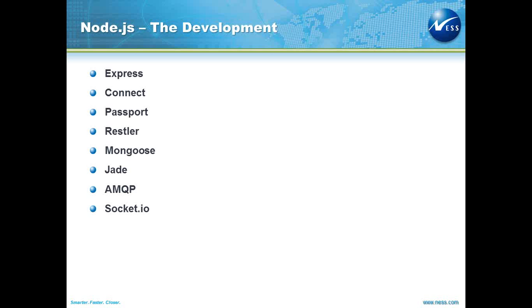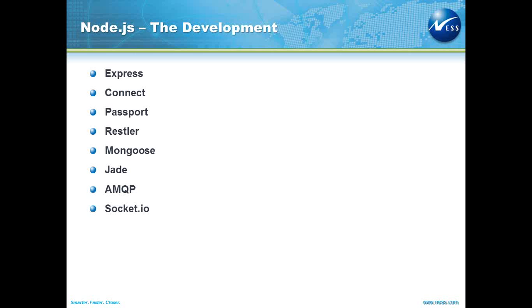AMQP is an advanced messaging queue protocol and supports the publish-subscribe model. So if your application has requirements to work off queues like ZeroMQ or RabbitMQ, your life would be made a lot easier by using AMQP. Socket.io, we just saw an example of Socket.io, a simple chat application. It helps you create real-time apps with ease across browsers and mobile devices.